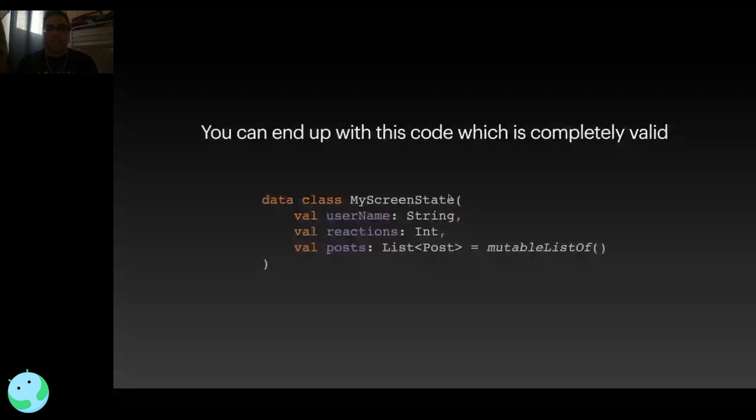And Compose knows that list and set and other collection interfaces can have a value that is mutable. So since this can happen, Compose considers all those interfaces as unstable, making our state, or the composables that use our state, unstable too and unskippable.